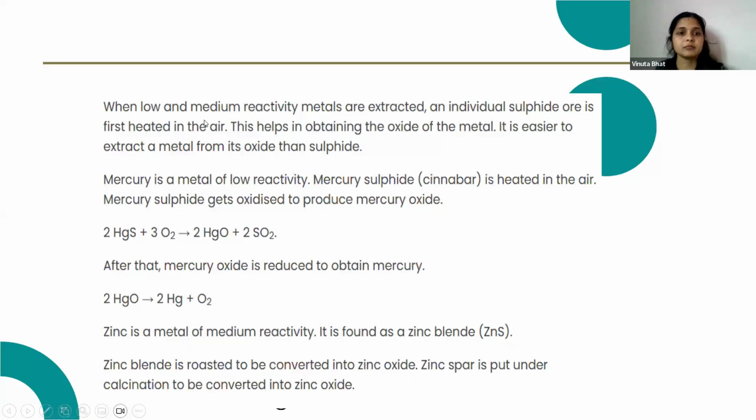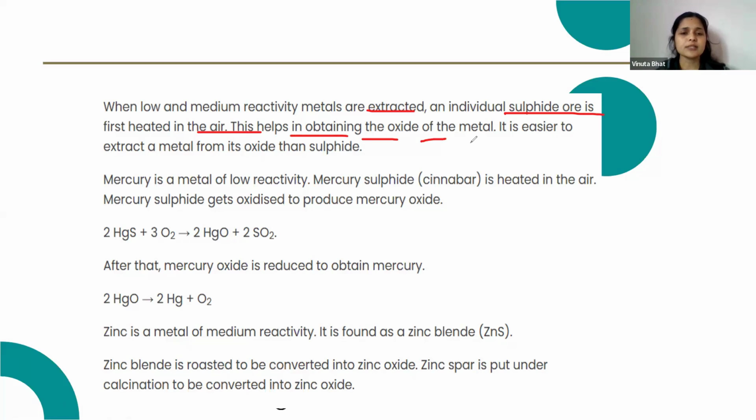When low and medium reactivity metals are extracted, the sulfide ores are first heated in the air. This helps in obtaining the oxide of the metal, and it is very easy to extract a metal from the oxide than from the sulfide or carbonate.